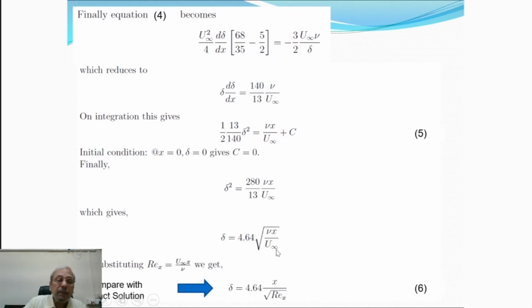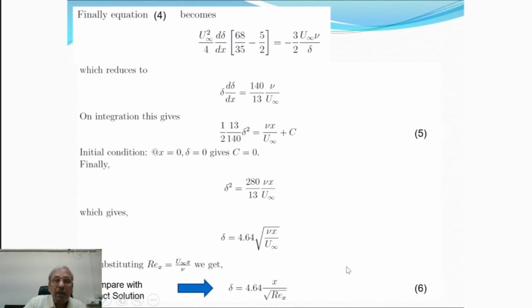And we know the Reynolds number at any x from the leading edge is given by u infinity x by nu. So this we can rewrite as delta equal to 4.64 into x by root over Re x. Now compare this with the exact solution that we got from the series solution of Blasius.